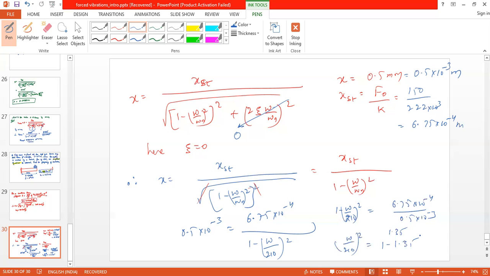So the value of omega is 15.43 into 10 power 3, minus 15.43 into 10 power 3.